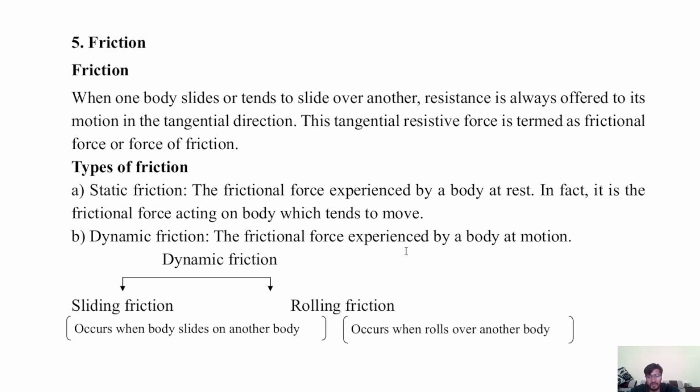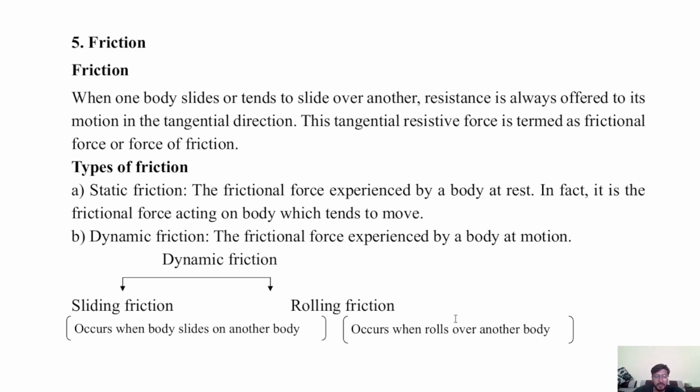So dynamic friction can be classified as sliding friction and rolling friction. Sliding friction occurs when one body slides on another body, and rolling friction occurs when one body rolls over another body.